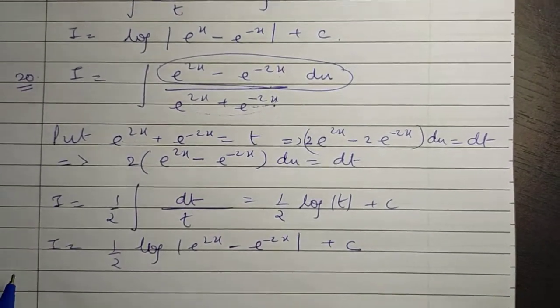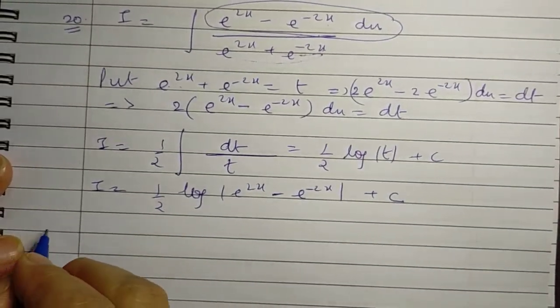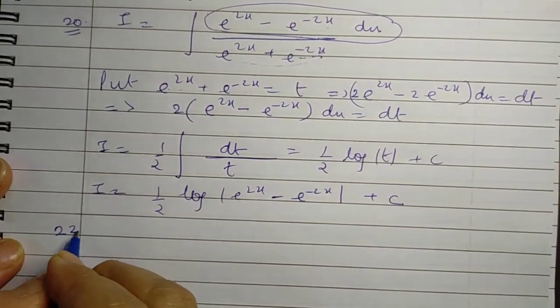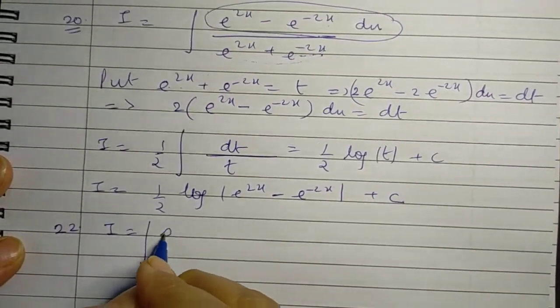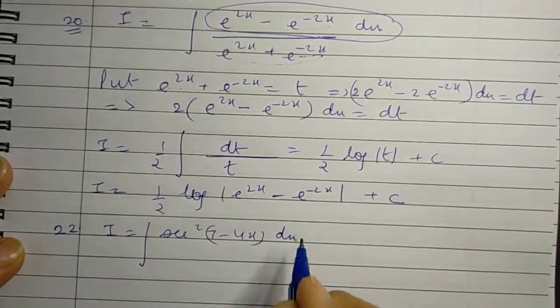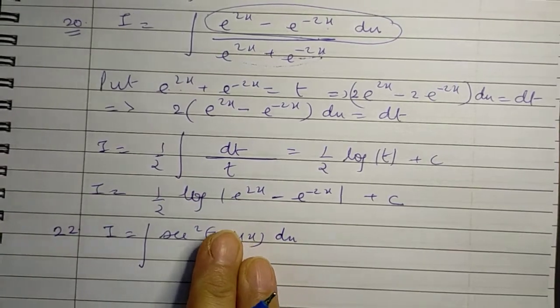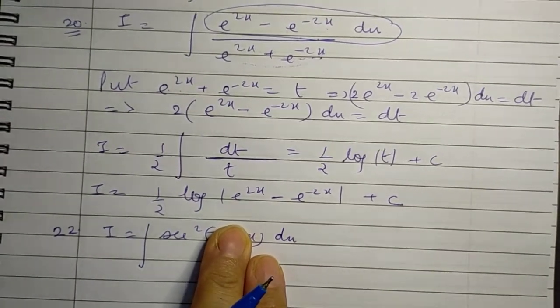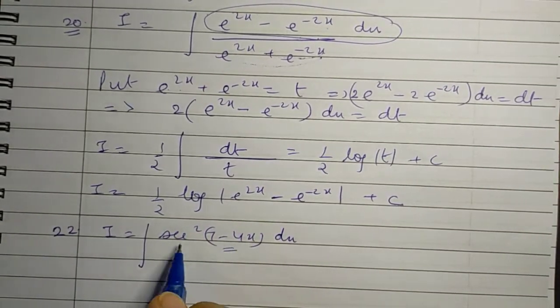Now let's come to question number 21 and 22. So first I'll take up 22, which is a direct application. I is equal to integral of sec squared of 7 minus 4x dx. We know the result for the integral of sec squared x, which is tan x. So here simply it's a function of a function.